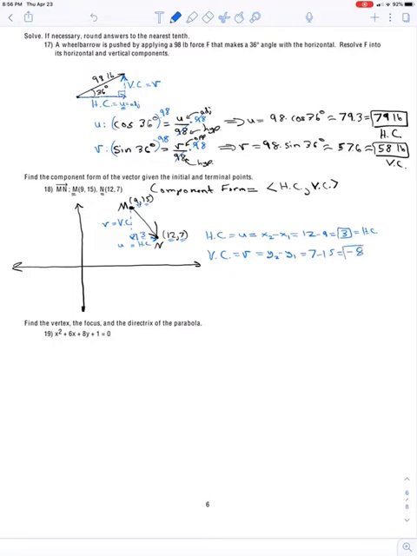So there's our vertical component for this vector. So that implies our component form. We can now write it out. So this vector MN is given by the components of 3 and negative 8. Right 3, down 8. So there's component form for this vector.